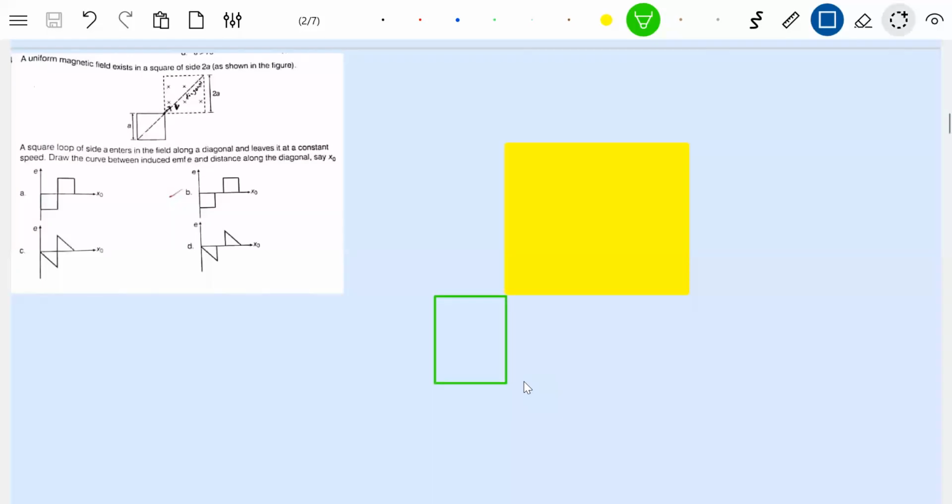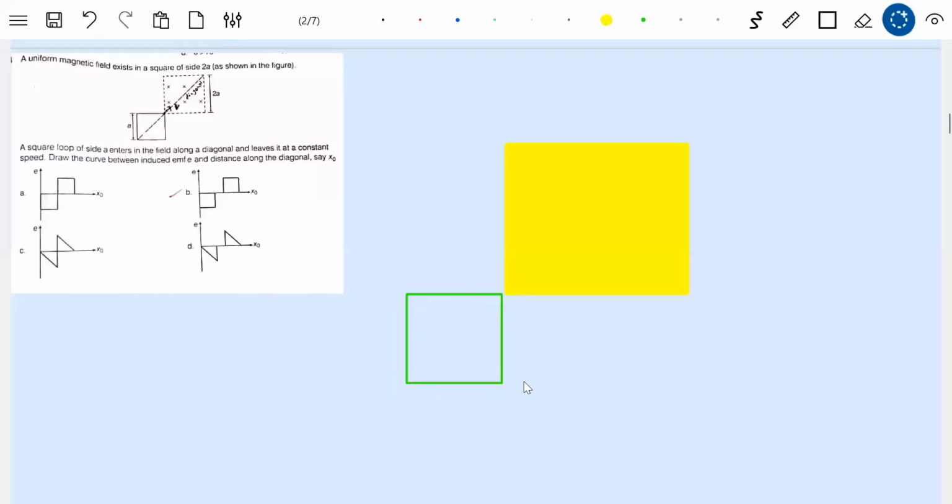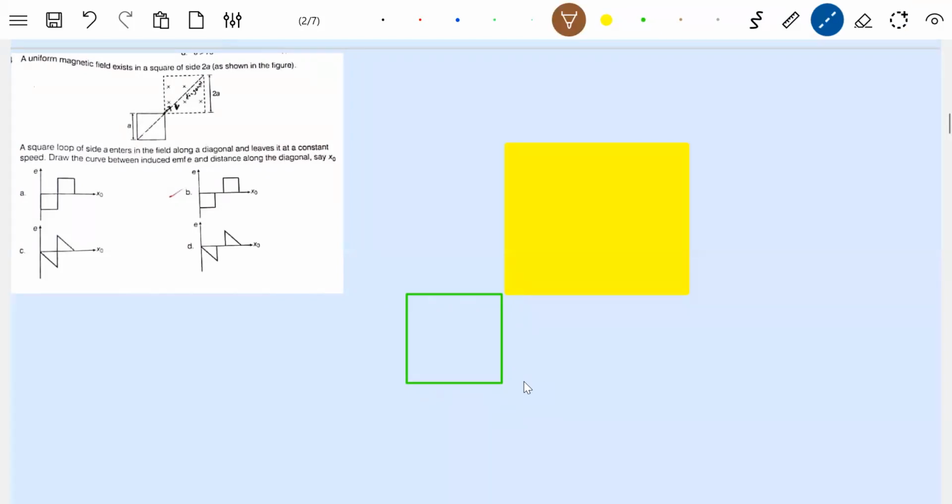The dimensions of this should be side length should be, okay, no. So this is the loop. I'm going to move it along the diagonal. Please read the question.